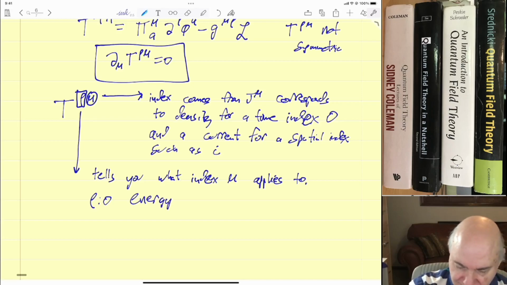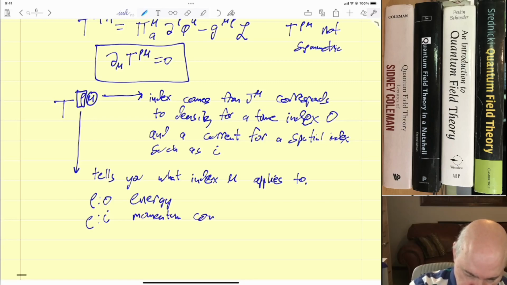This is why we call it the energy momentum tensor. The first component on it describes energy, so we'll end up getting either energy density or energy flow. And then for a spatial index, it will be momentum. Okay.